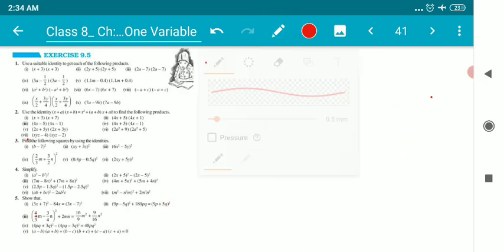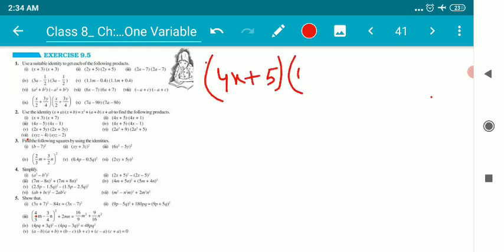The next one is 4x plus 5 and 4x plus 1. So children, here x means 4x, a means 5, b means 1.